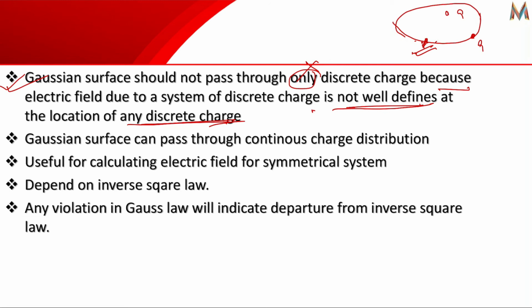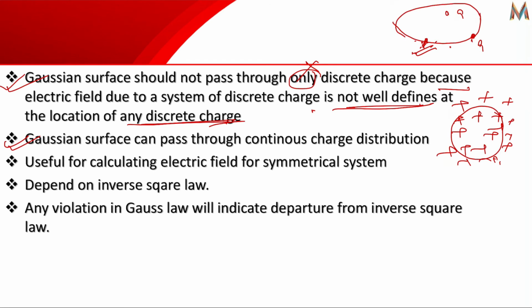Next is, the Gaussian surface can pass through a continuous charge distribution. Yes, we cannot make the Gaussian surface pass through discrete charges, but if there is a continuous charge distribution like that, we can make the Gaussian surface so that it crosses the charge. We can make the Gaussian surface like that, but for discrete charge we cannot cross the Gaussian surface through the discrete charge. Okay.